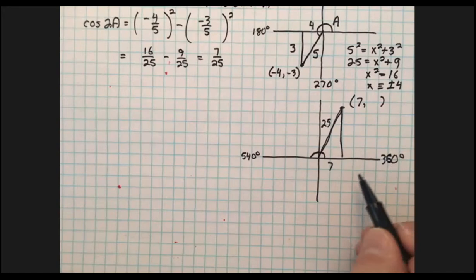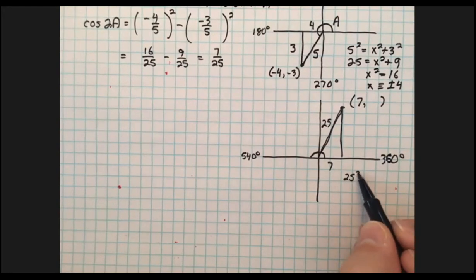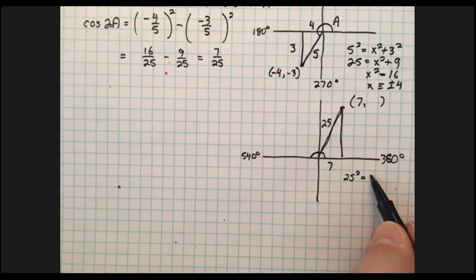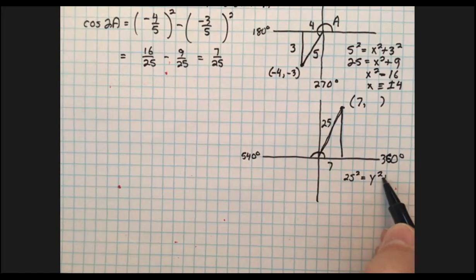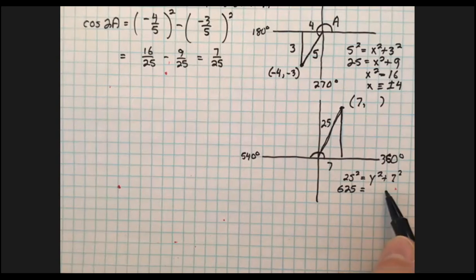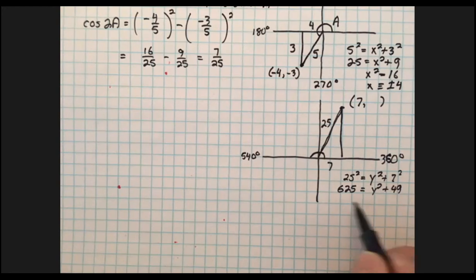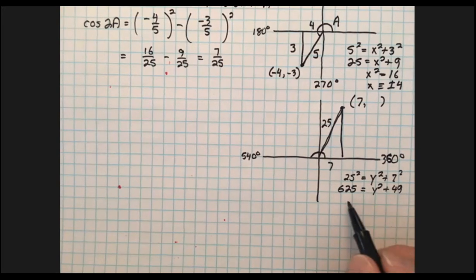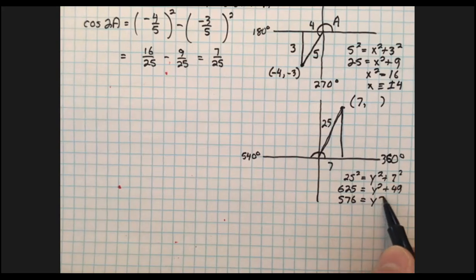Oh, my goodness. 25 squared is y squared plus x squared. 625 is y squared plus 49. Subtract 49. 576 is y squared.